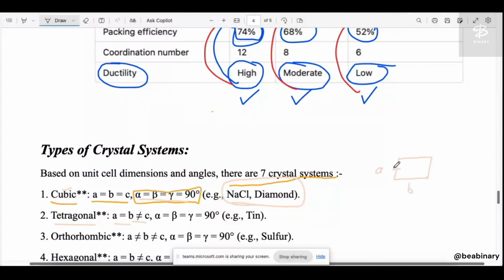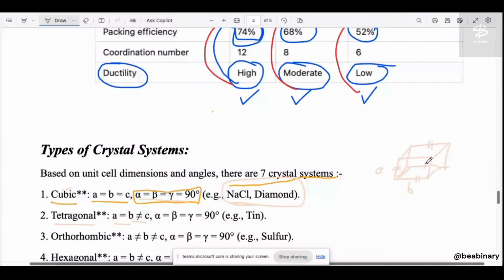Whatever the length is here, the same is here. But the height, since it is 3D, we take it like this. This is your height. This is also the same because we have taken A equal to B.